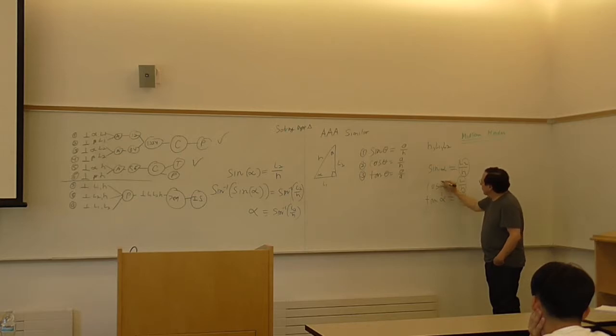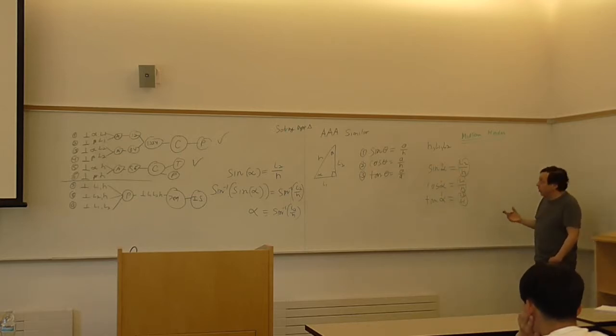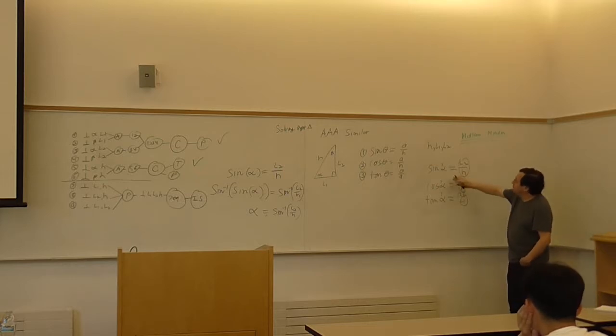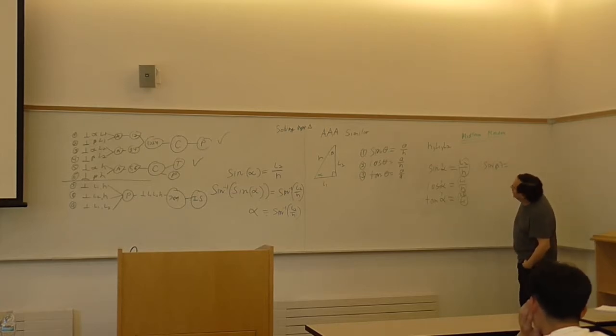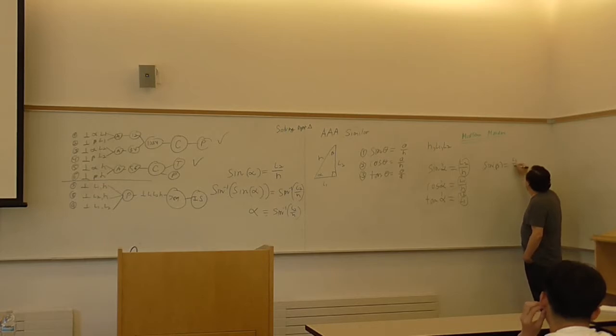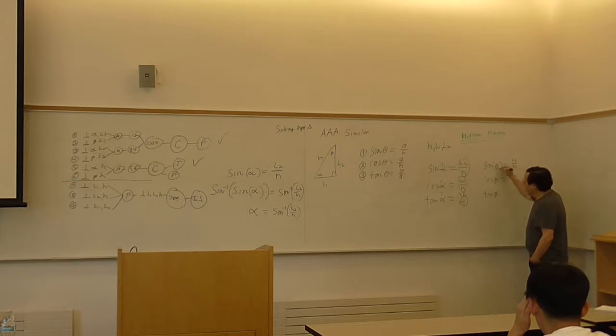This is the question mark. We could just as well use beta. Sine of beta is equal to L1 over H. Cosine of beta equals L2 over H. And tangent of beta, we know beta, right?